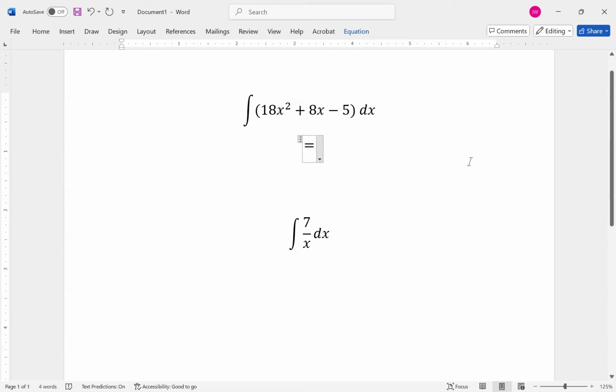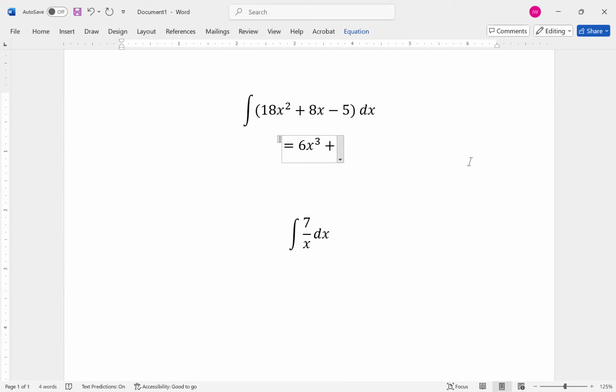So when I integrate 18x squared, I'm going to raise the power by 1. That'll give me x to the third. And then I'm going to divide by 3. 18 divided by 3 is 6, so I get 6x to the third.